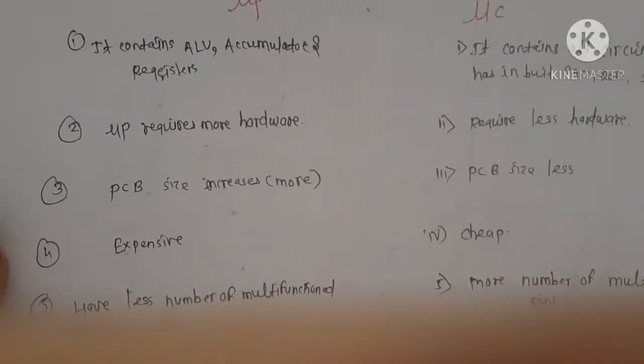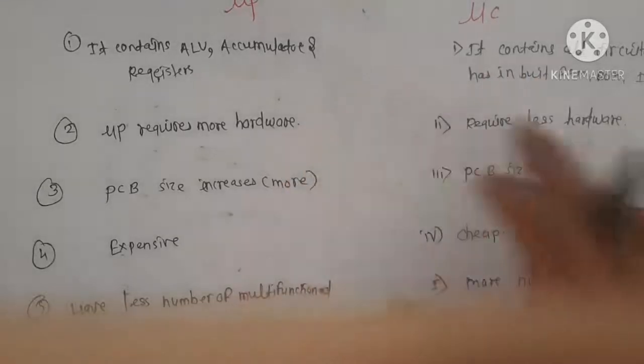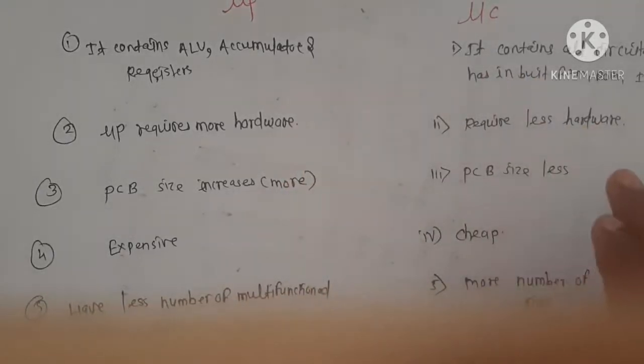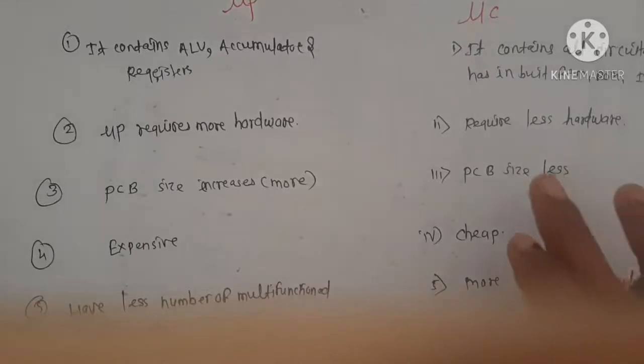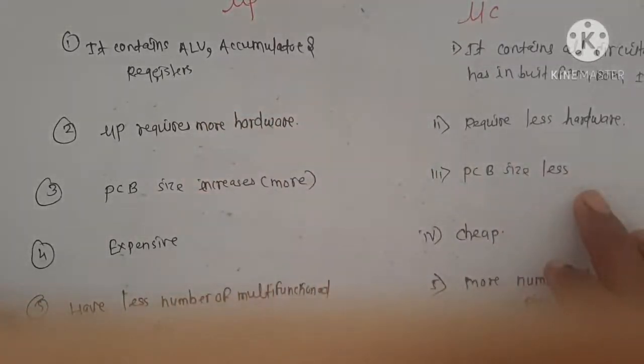So you may be asked a question in the exam: why do we use the microcontroller instead of the microprocessor? The feature is that, as it has inbuilt components, it requires less hardware. As hardware is less, cost is also less, and all the drawbacks present in the microprocessor are avoided in the microcontroller.